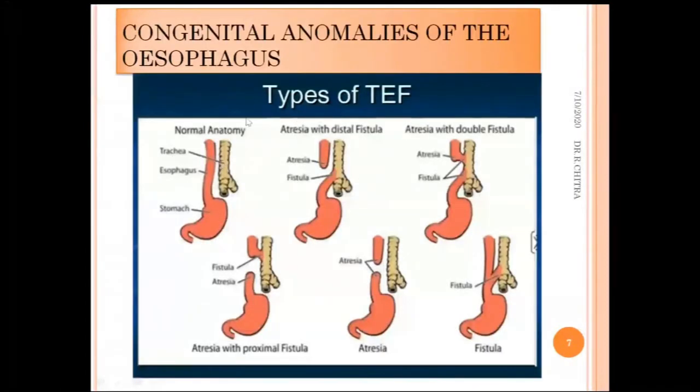In the normal laryngotracheal groove and septum formation and esophagus development, it should separate from the foregut except at the laryngeal inlet. If there are errors in this formation of the laryngotracheal groove and septum, various types of tracheoesophageal fistula are common. So these are the various types of tracheoesophageal fistula.